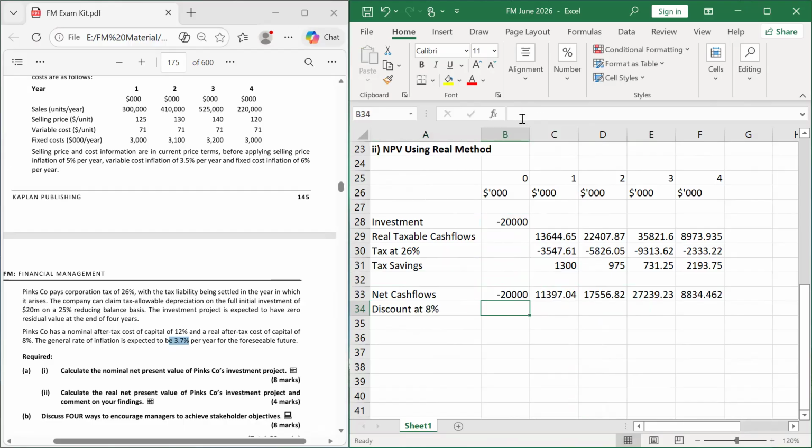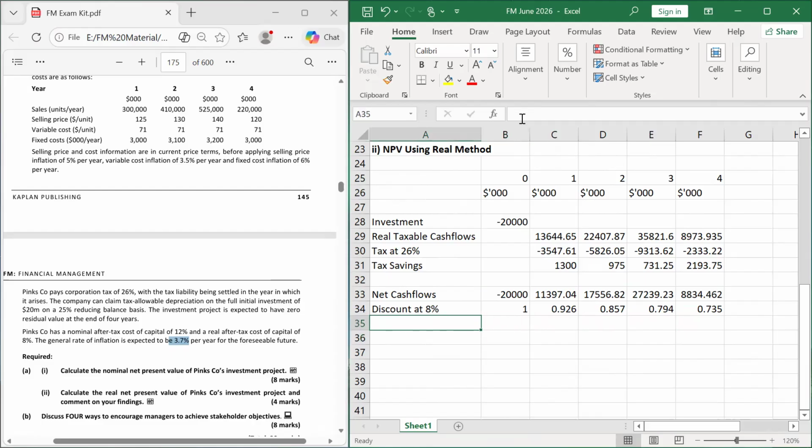Even if, let's say, in this question it was not given to you, the general rate is given as 3.7%. Using that and using the Fisher effect, you can calculate the real cost of capital as well. Discount factor is always 1 for year 0, and the discount factors at 8% are, for year 1, 0.926, 0.857, 0.794, and 0.735.